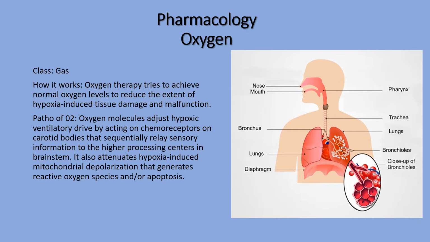The process of oxygenation is actually driven in the brainstem, where it's receiving messages from chemoreceptors in the carotid bodies that are telling us that we need to breathe because of the hypoxic drive. So just giving a little bit of oxygen can actually change the way we breathe, and that can affect the way our cells produce energy and the way that we produce and rid our bodies of CO2.